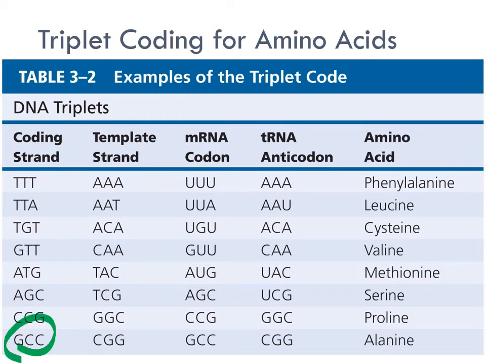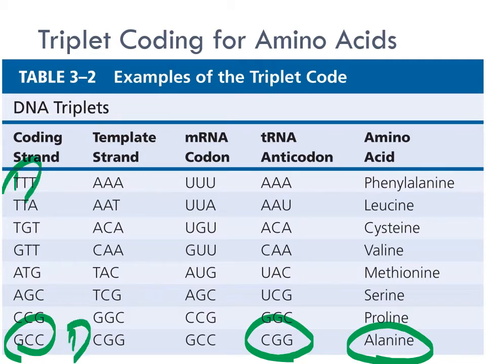So the GCC would call in the tRNA with the CGG anticodon, and that would contain the alanine amino acid. So if this was your first codon and this was your second codon, then you're going to end up with a phenylalanine attached to an alanine.